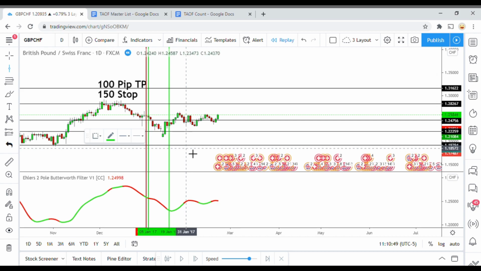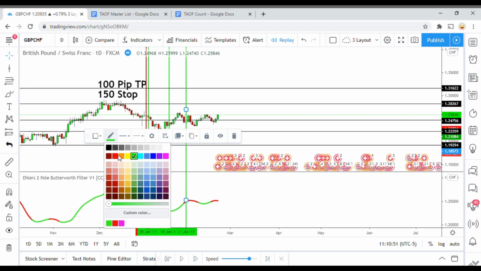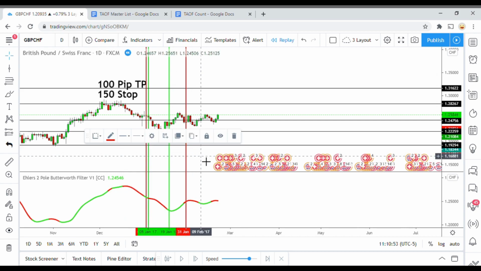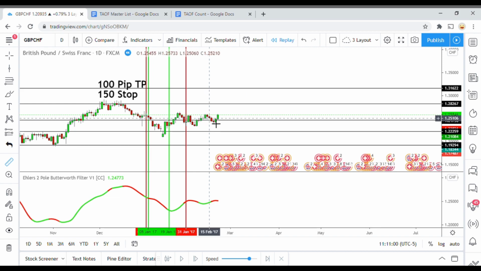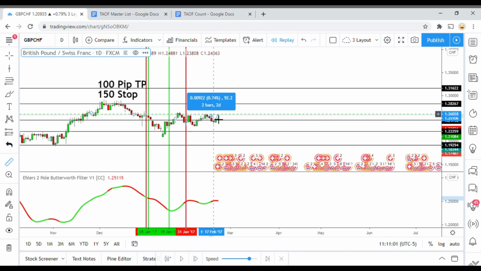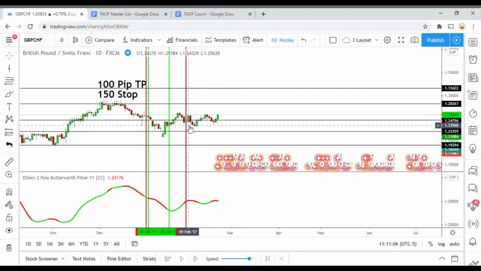And then it ends up flipping to a long signal right over here, which would have stopped us out. Looks like we barely missed it over here as well.